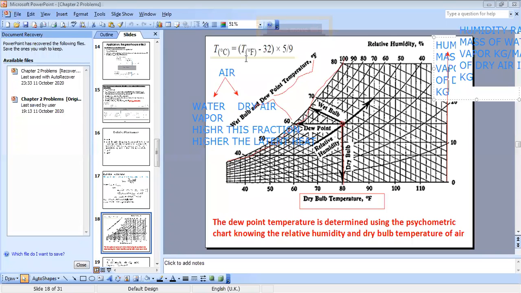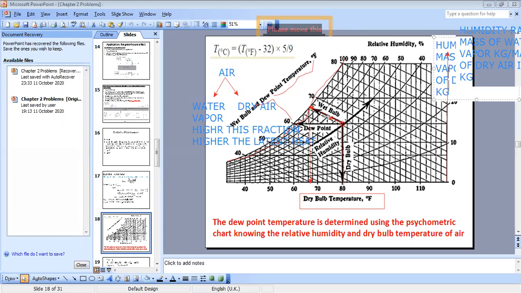Okay, so here look, if you follow this line like this, what is happening when you undergo this process? First, your dry bulb temperature is decreasing, as you can see, so you are losing sensible heat. But on the other hand, you are gaining latent heat. Why?